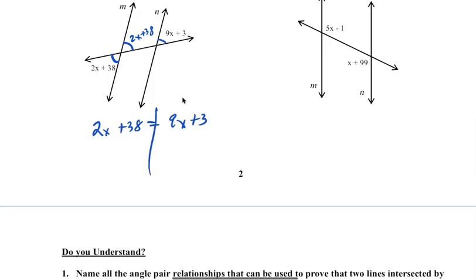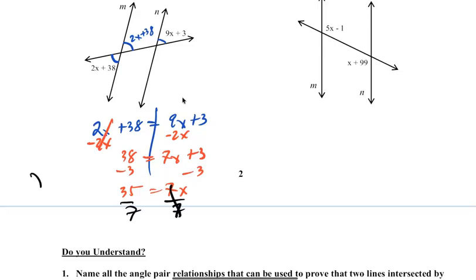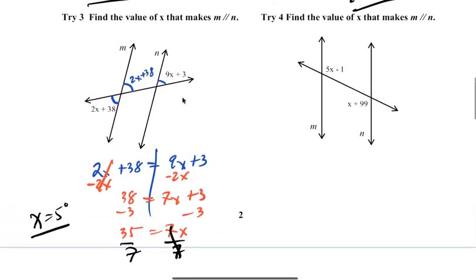Anyway, we solve this one. Minus 2x from both sides, you want to only get one variable. So 38 is equal to 7x plus 3. Minus 3 from both sides, 35 is equal to 7x, divided by 7. x would equal 5. So that's the value of x that makes those two parallel.